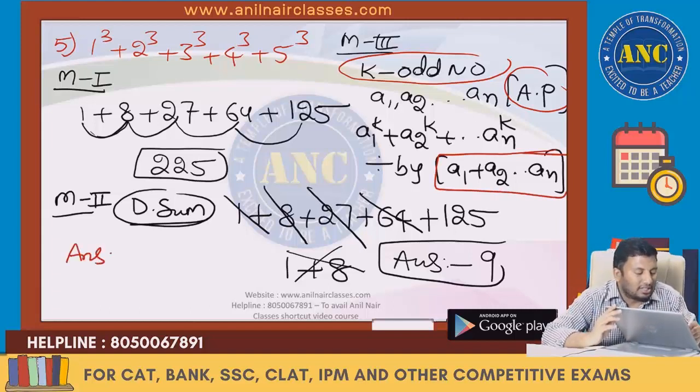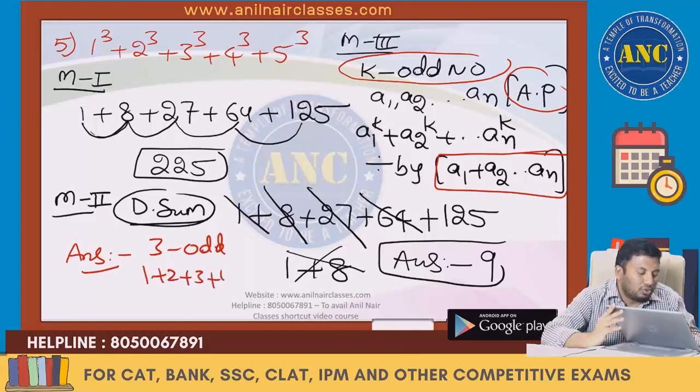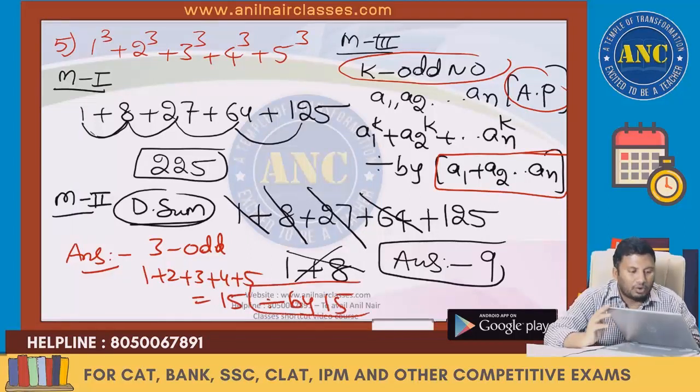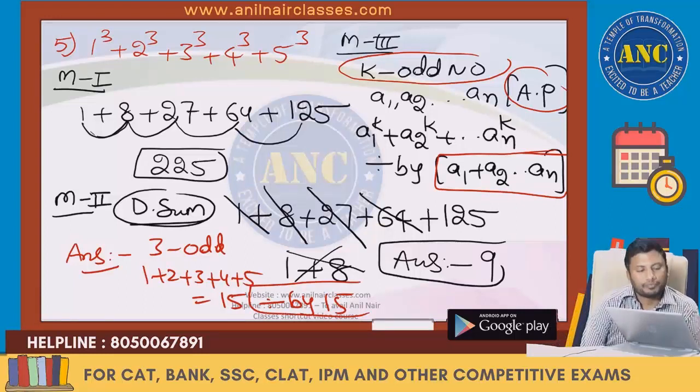So, 3 is an odd number, so the answer is divisible by 1 plus 2 plus 3 plus 4 plus 5. The answer should be divisible by 15.